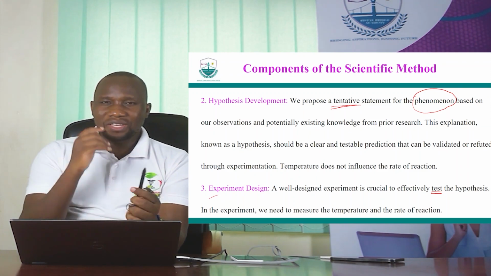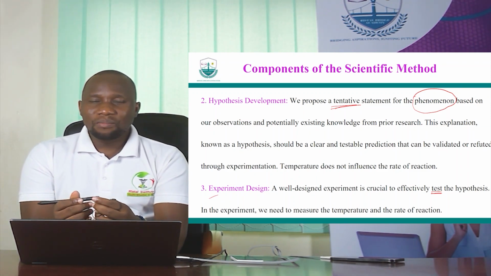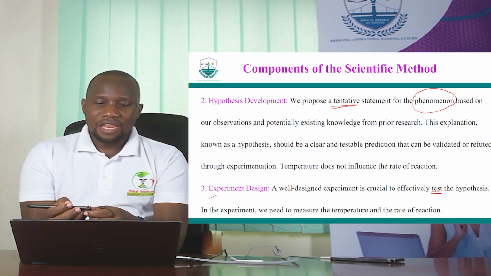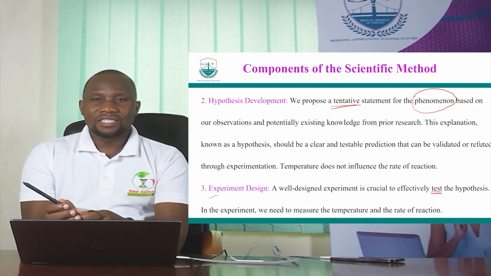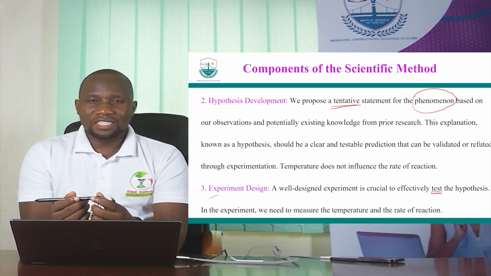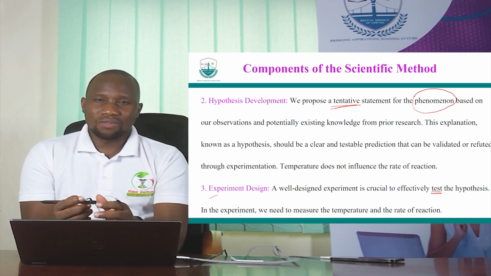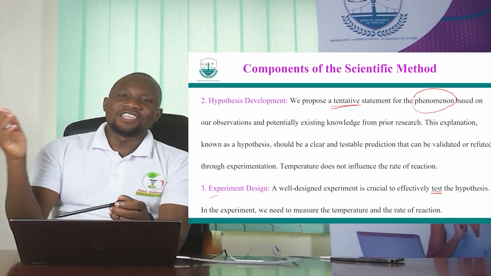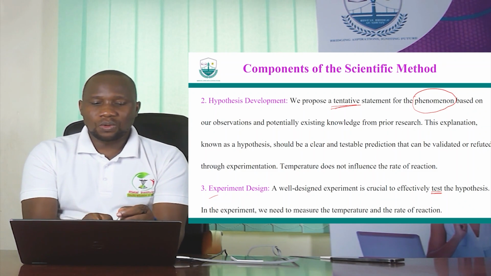So going back to our example of how temperature influences the rate of reaction. Now for you at a hypothesis level, you say that temperature does not influence the rate of reaction. That's the tentative statement, and that is what we call a hypothesis for that situation. So you can make very many statements or different situations. That doesn't mean that the hypothesis will always be the case.